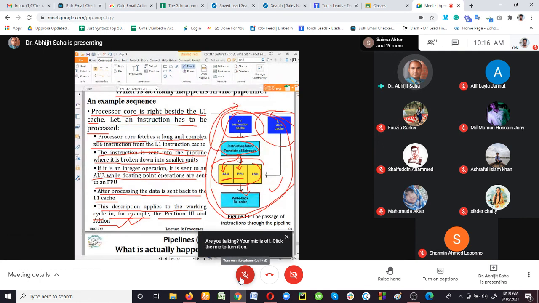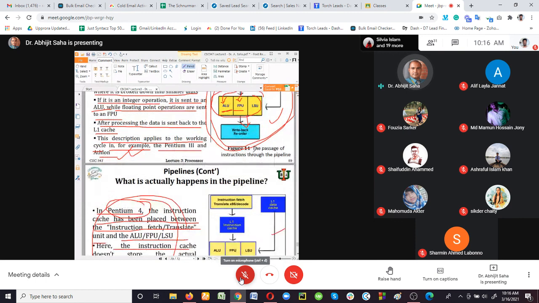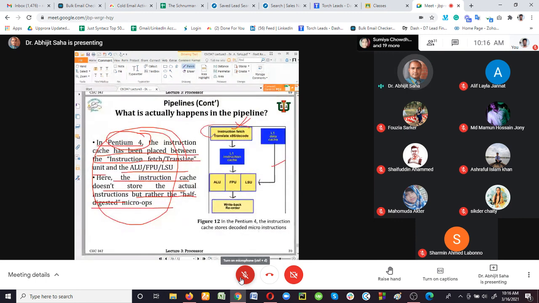First, the instruction fetch, translate, 8086 decoder unit is outside, and when the 8086 instructions are received, they are already chopped down into micro ops. After doing that, they are sent to the L1 instruction cache.